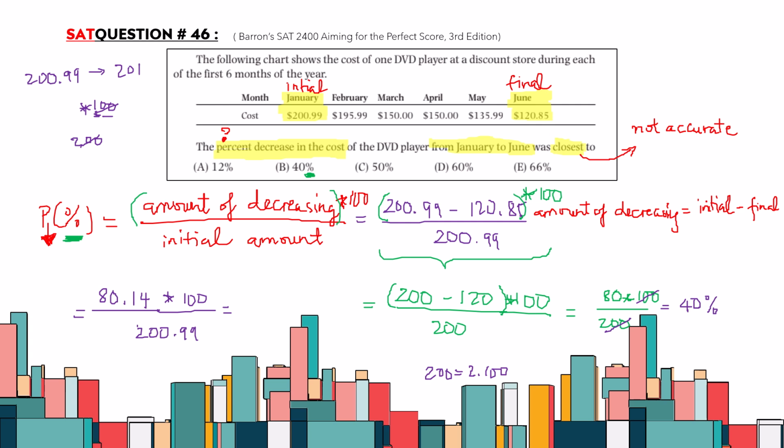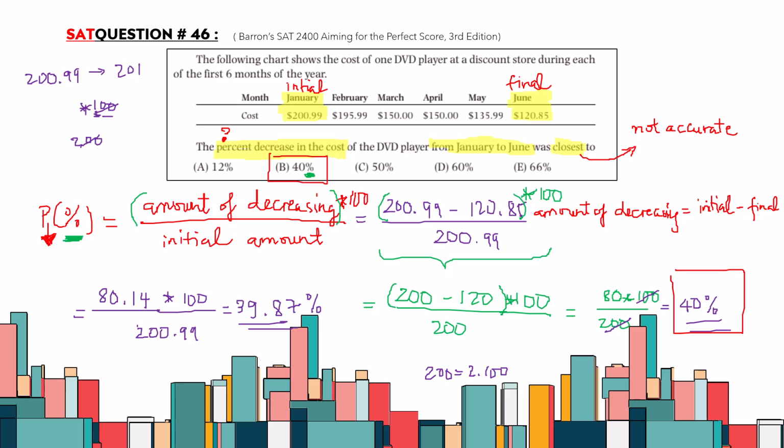Then we divide by 200.99. That will give you 39.87%. And this one is really close to 40%. So 40 is the correct answer.